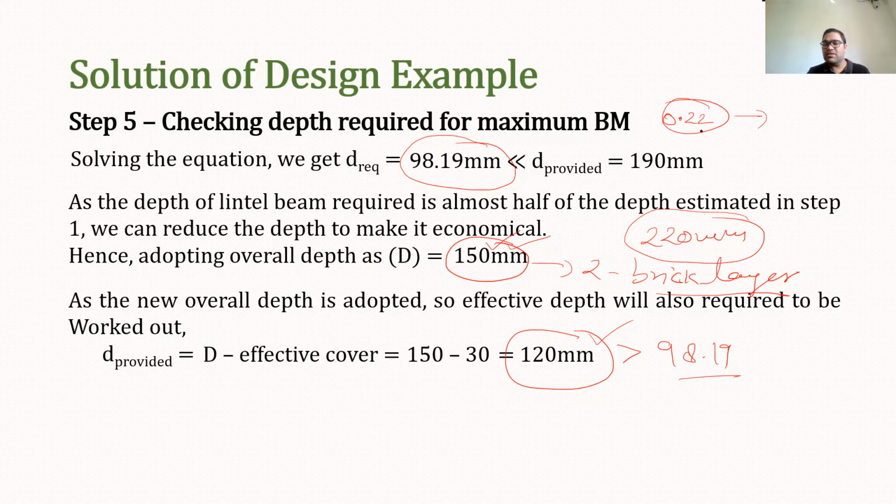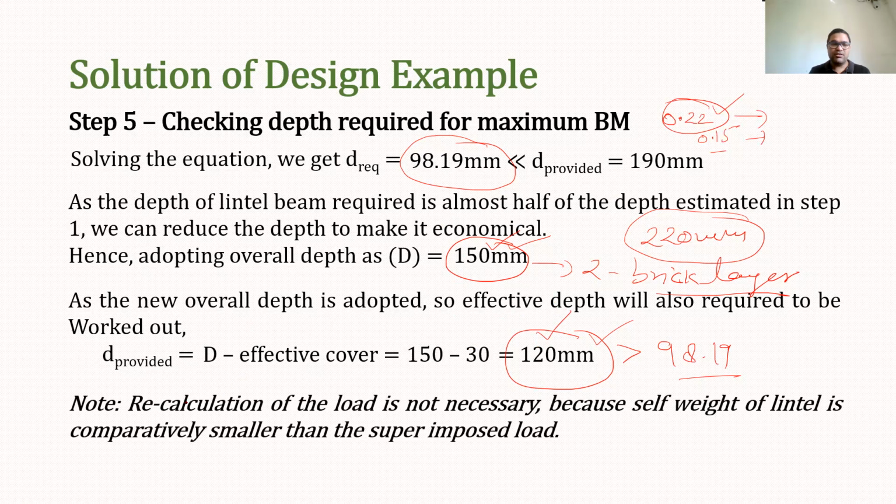If we recalculate the load by putting the value 0.15, we will get less load. So you can see we are already taking the higher load, and by taking this higher load, we are still able to satisfy our depth requirement. Therefore, recalculation of load is not required in this case.